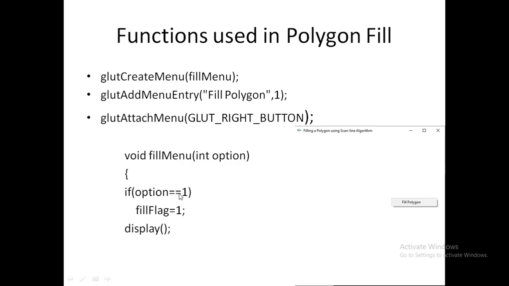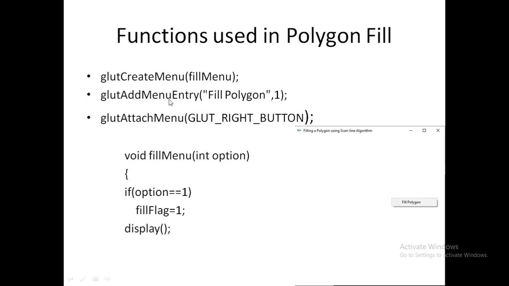Because we have only one option, only the filling option, if option equal to 1, I am setting a variable, the fill flag, equal to 1. Based on this fill flag equal to 1, you can fill by calling a display function. So we call the display function whenever you press the value of 1.